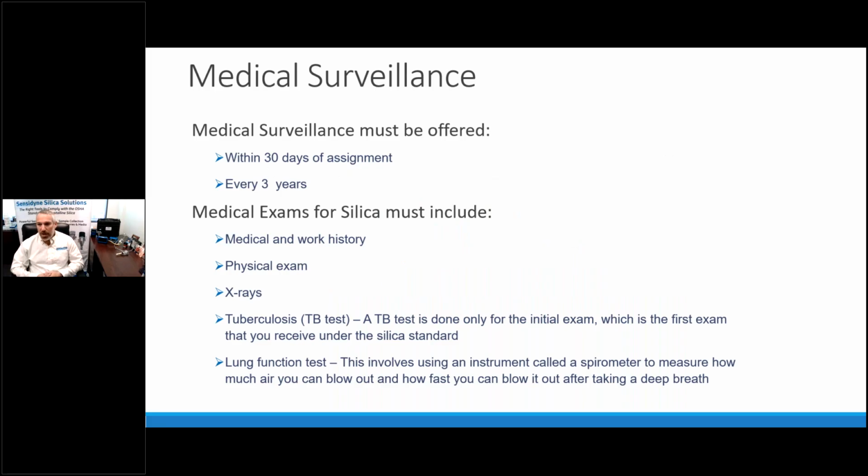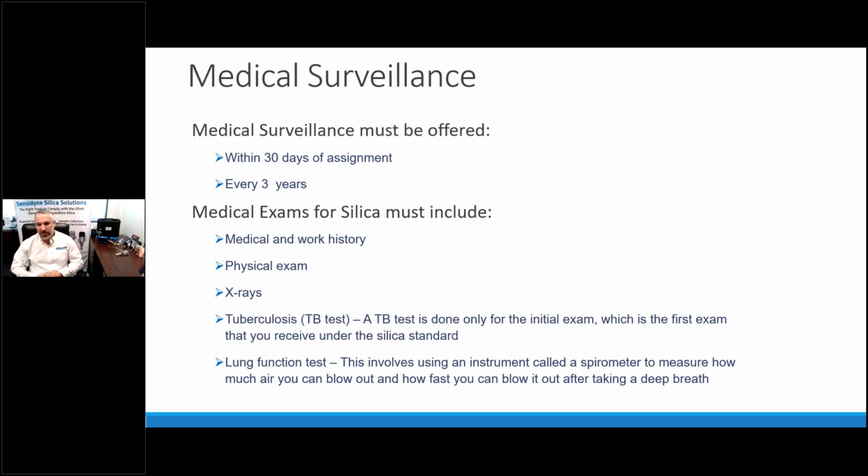I mentioned briefly about medical surveillance. It must be offered within 30 days of initial assignment to tasks where silica exposure is prevalent. And then it should be performed at least every 3 years, but in general, most employers have a 3-year medical surveillance period.